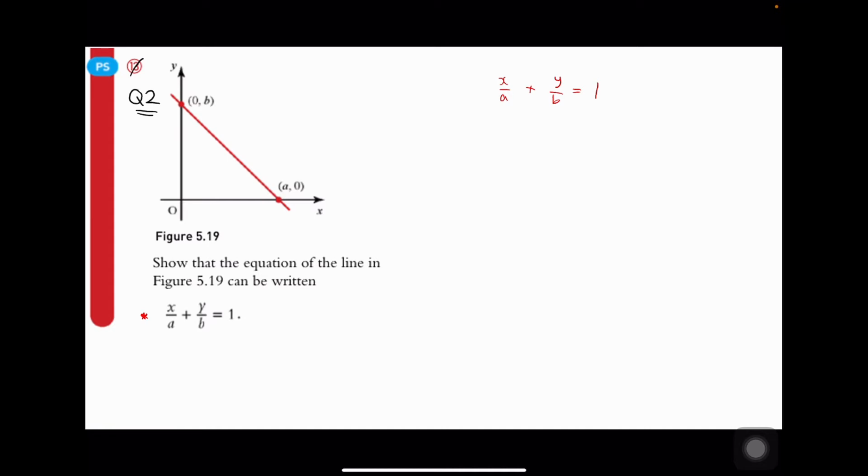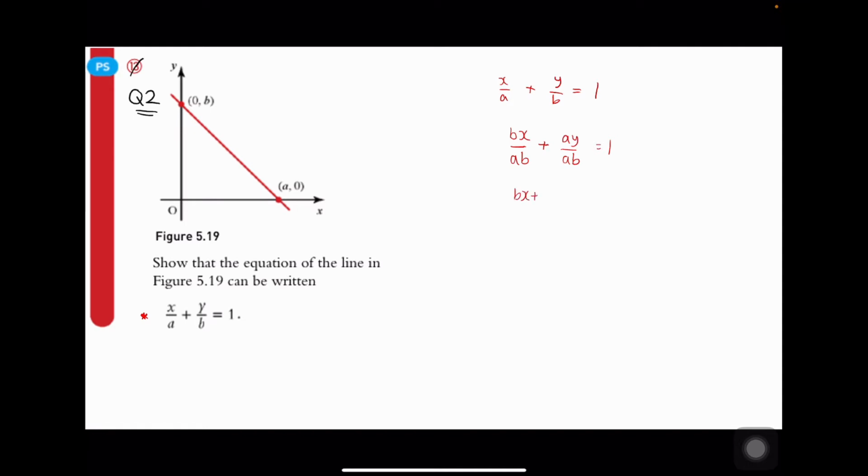I want to make y the subject, so I'll add these fractions together. So bx over ab, and multiply y over b by a over a, so we get ay over ab equals 1.